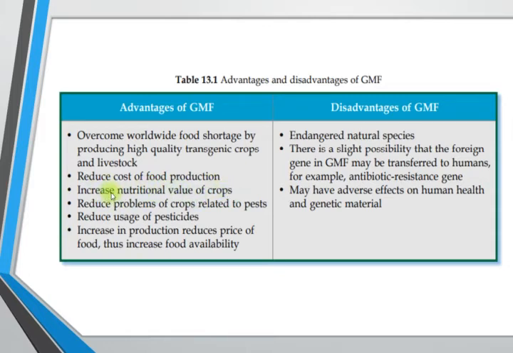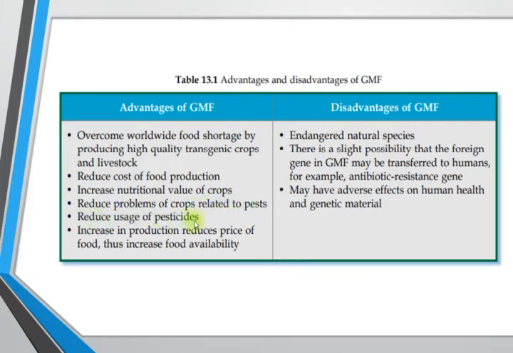So it will produce maybe a bigger fruit. And number four, reduce probable problems of crops related to pests, because most of the GMF are tolerant or resistant to pests.